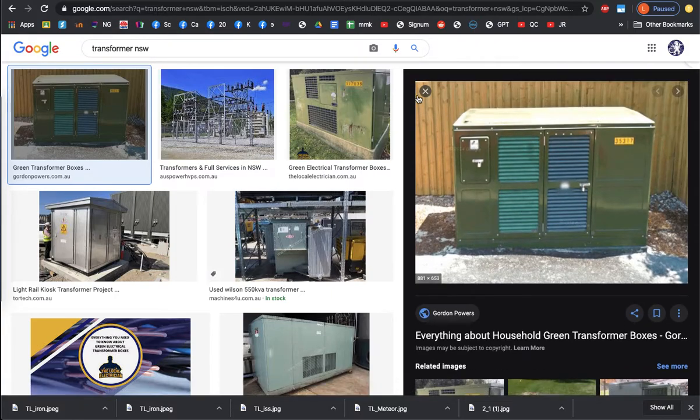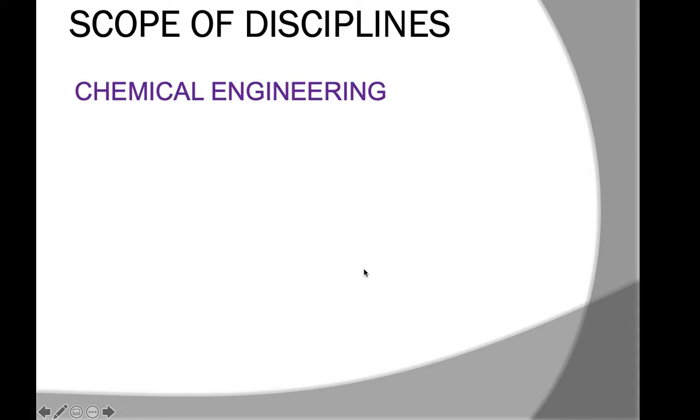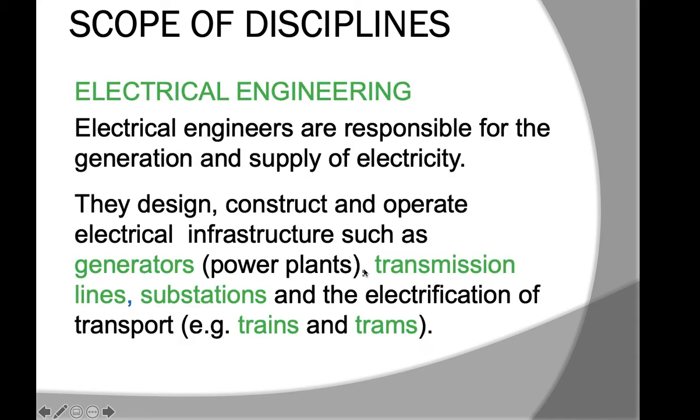Maybe when you walk to school, you might see them. Okay, so let's go back to those slides. Okay, so we have chemical engineers. Generators, transmission lines, substations, trains and trams. We good?